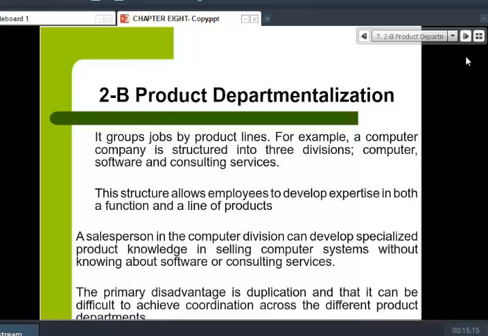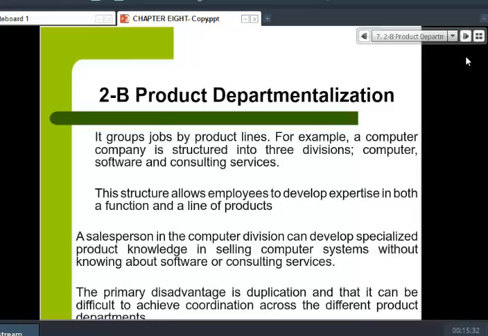So the company might have a software department. In case you need to buy any software, you need to go to the software department. If you have any inquiries, you might go to the consulting services.